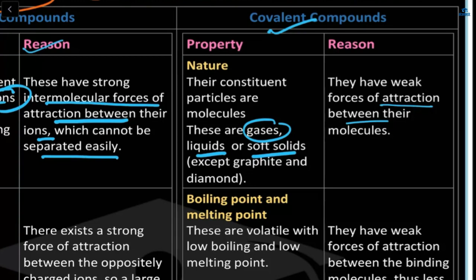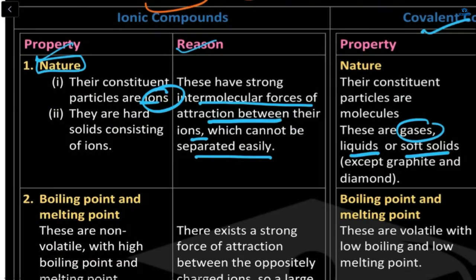These are molecules, and these are gases, liquids and soft solids. What about the ionic? Ionic compounds' nature means their constituent particles are ions and they have strong intermolecular forces. So now you got the nature of ionic and covalent compounds. Yes, ma'am. The nature of ionic is very strong, and for the covalent it is very weak.